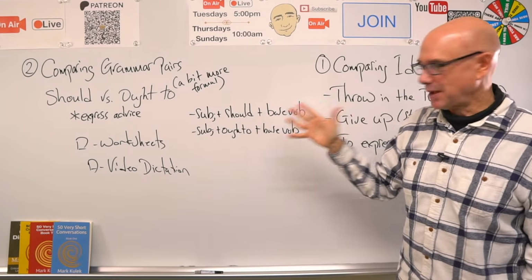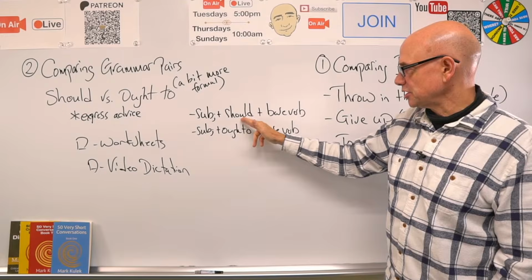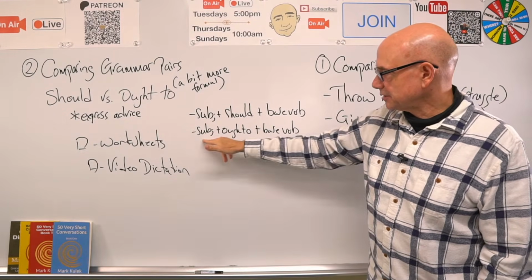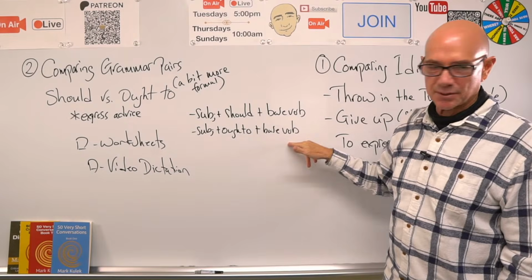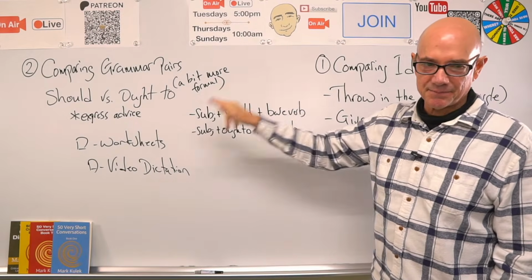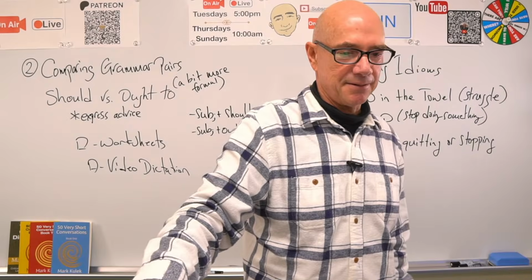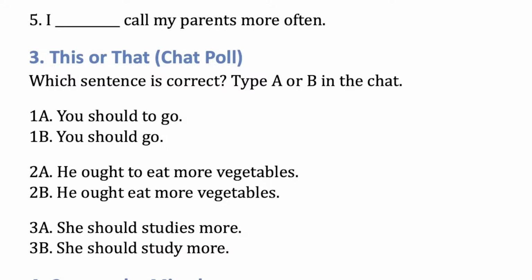Subject plus should plus base verb. Ought to, subject, ought to, base verb. You need to use the pattern for the next activity here. So 1A, 1B, you've got to use the pattern. 2A, 2B, got to use the pattern. 3A, 3B, got to use the pattern.